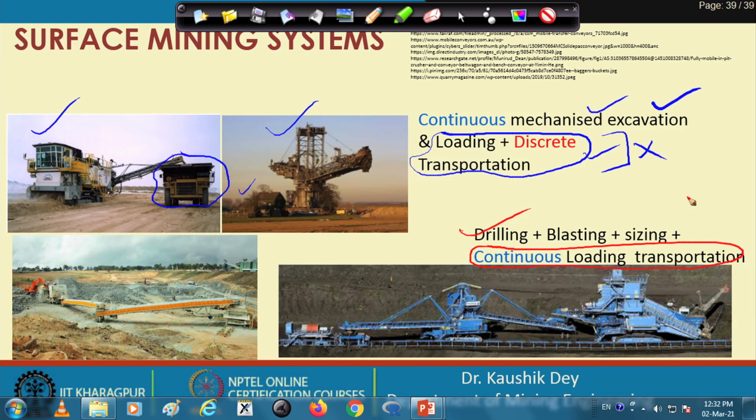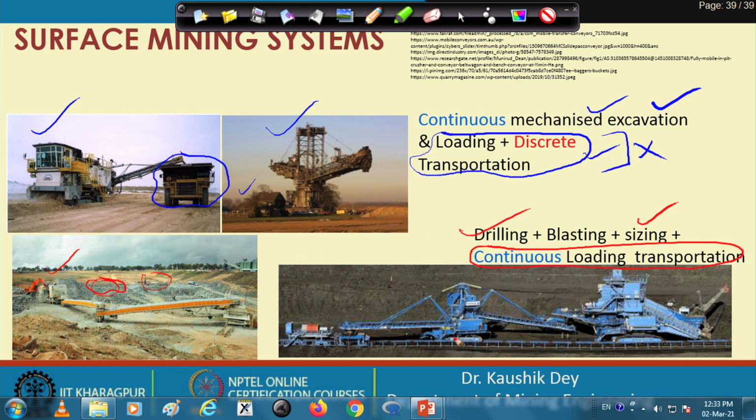You can see the example: the material is blasted at this position, drilling is carried out, blasting is carried out. After drilling and blasting, whatever material is there is taken by an excavator, and the excavator dumps the material onto a mobile crusher. The sizing is carried out by this mobile crusher, which fragments the rock into a smaller size.